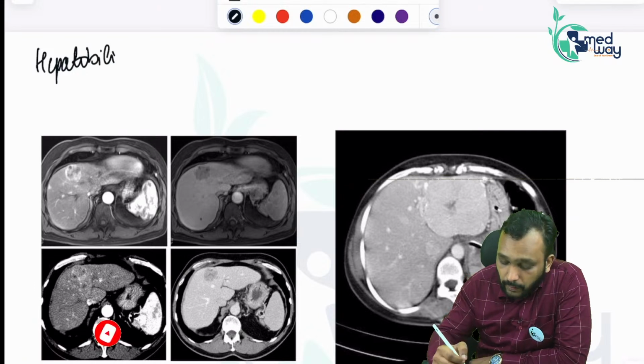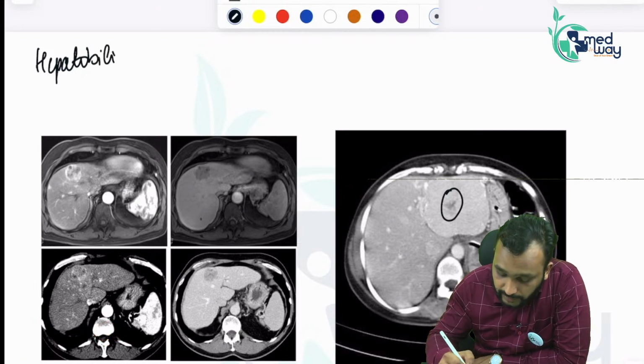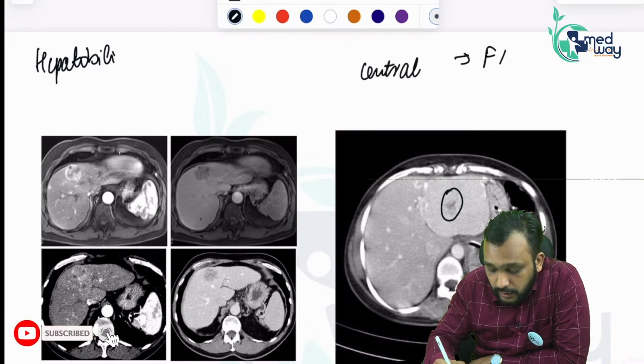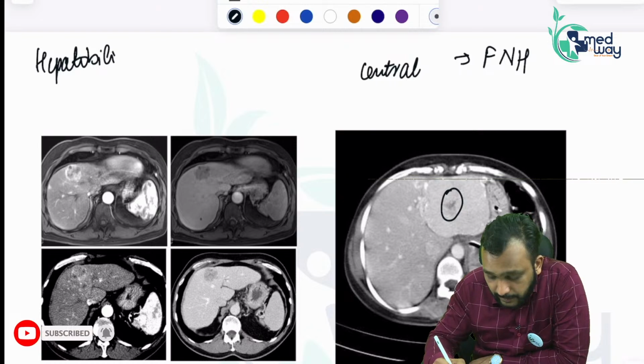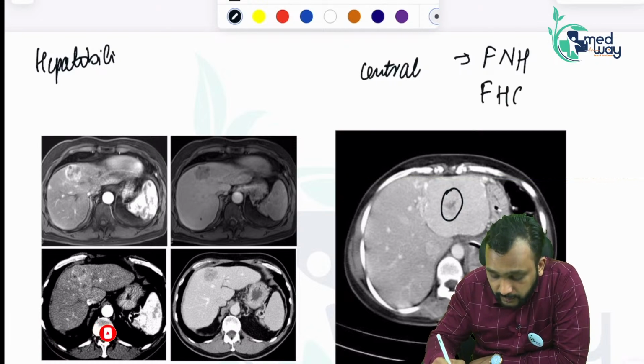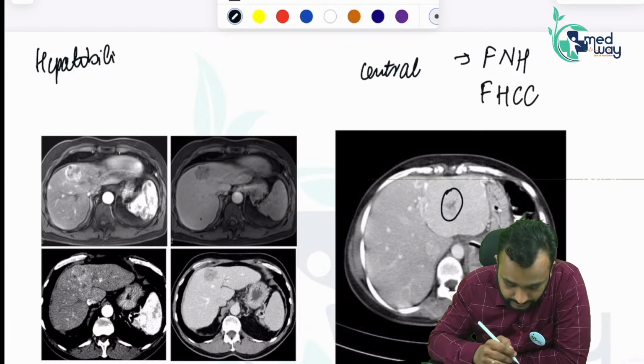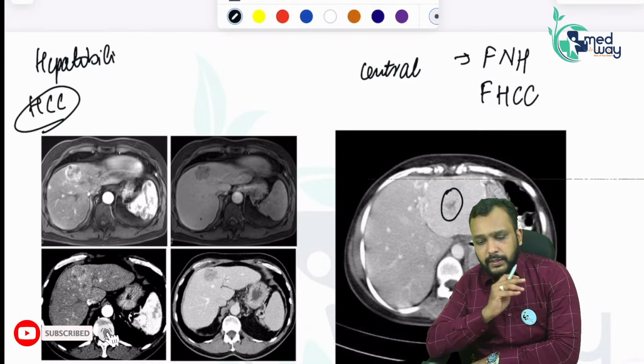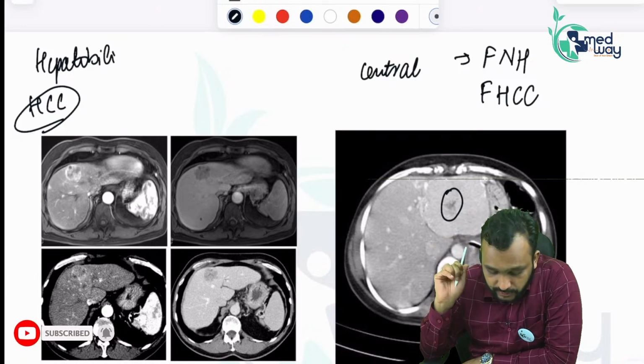In hepatobiliary also, again important images. Okay, you have this central scar sign seen in patients with focal nodular hyperplasia and fibrolamellar variant of HCC. Okay. If I talk about hepatocellular carcinoma, what are you going to see in hepatocellular carcinoma?